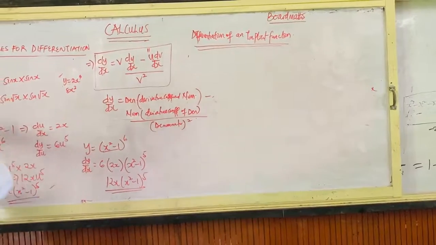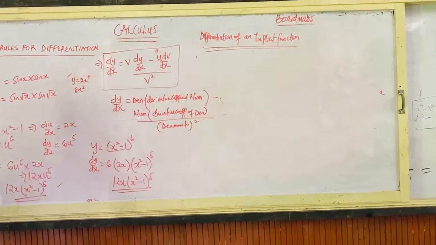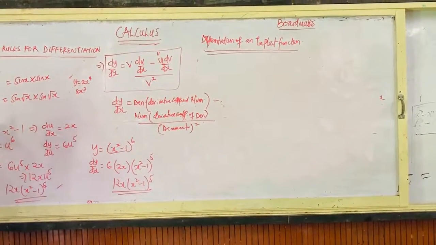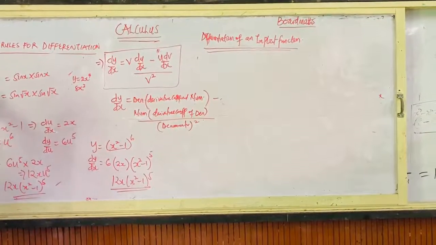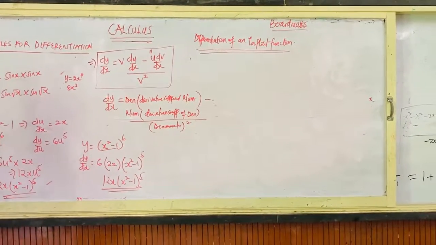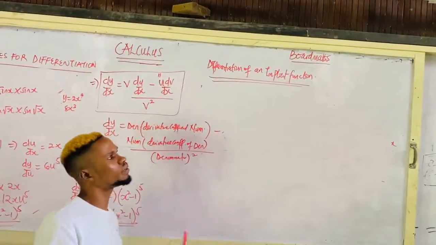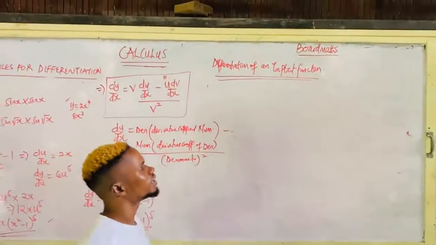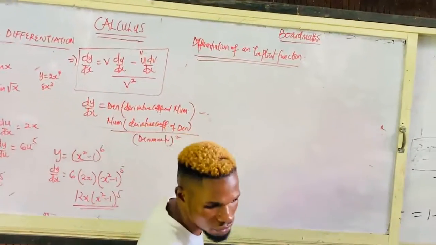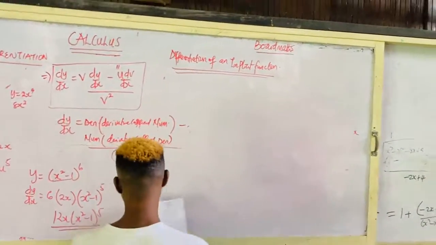All these functions are called explicit functions. y is expressed directly in terms of x, that's explicit. But when y is not expressed directly in terms of x, let's say y is also expressed in terms of y, that kind of function is called what? Implicit function.